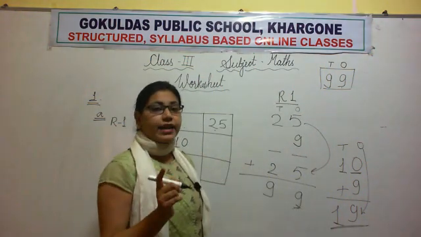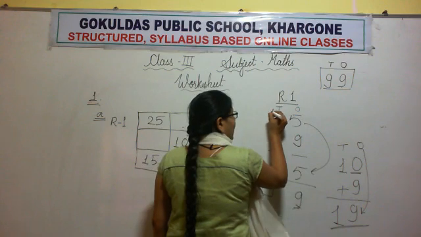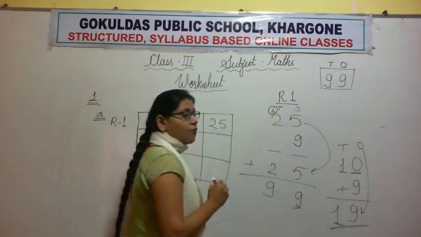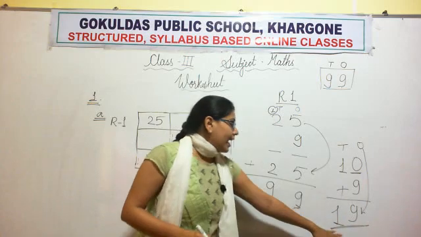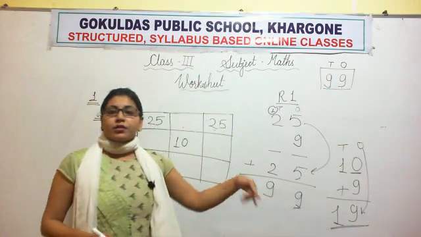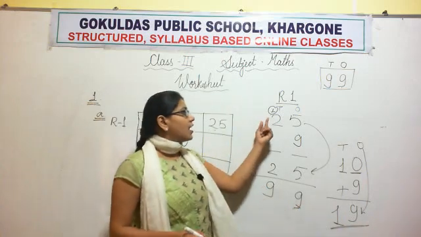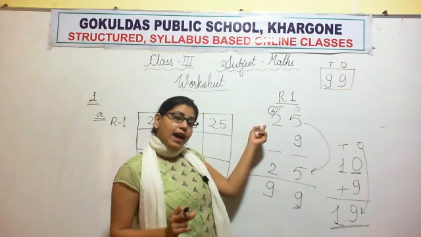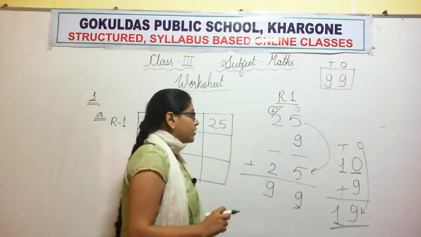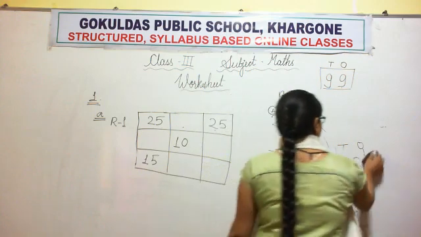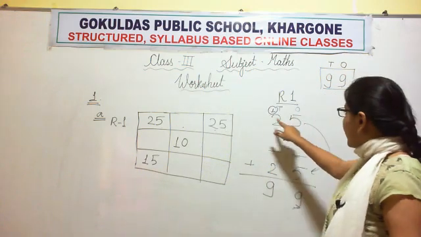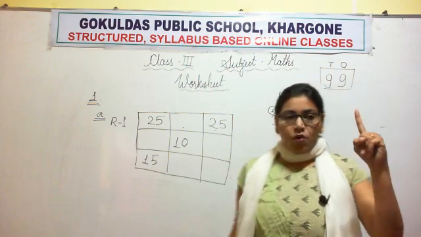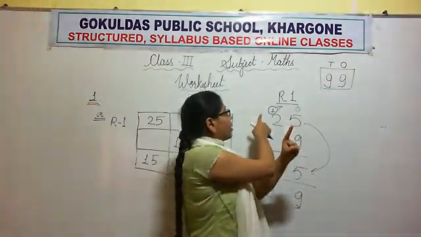Our answer was 19. So whenever we get a 2-digit answer, what do we do? We send the second place number to the next column in the form of carry. Now number 1 is there, so we'll open 1 finger for that number.